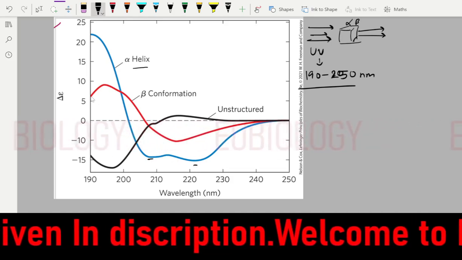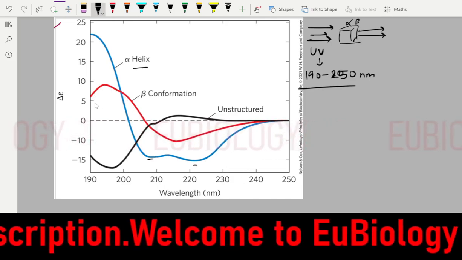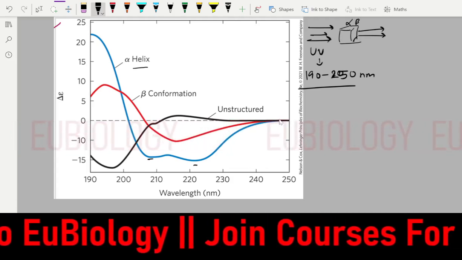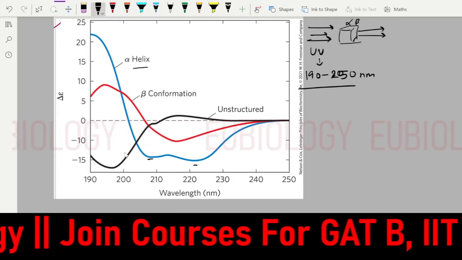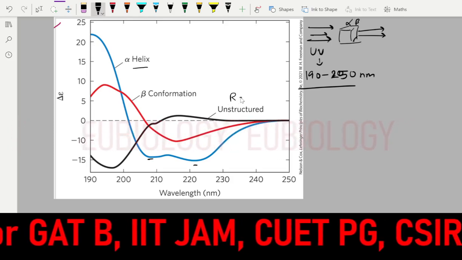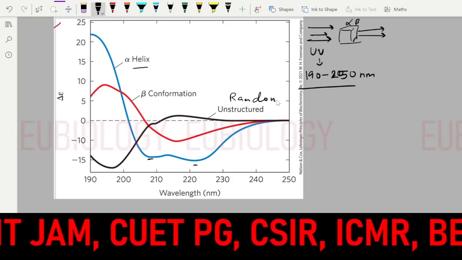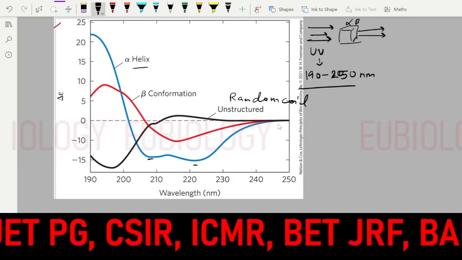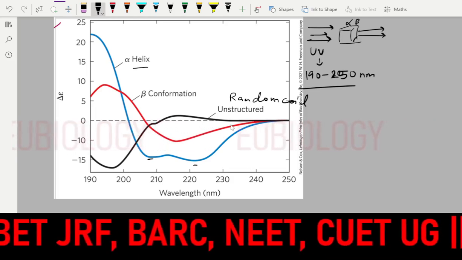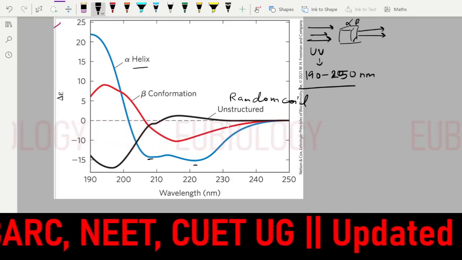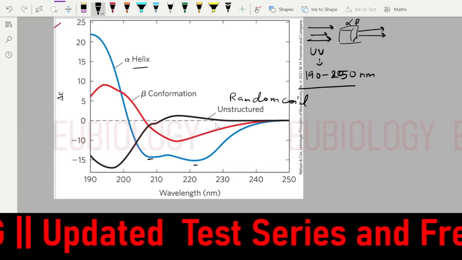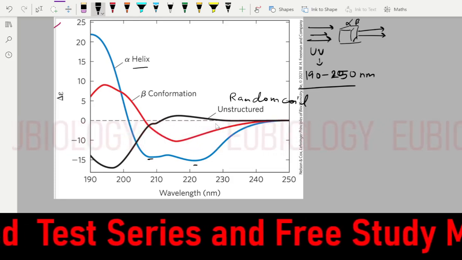The beta conformation looks like the red line: it goes above, then shows negative, and then comes again to zero. For the random coil, you will see the absorbance is negative from the beginning, and it will be almost zero. So this is all about the CD spectroscopy result for the alpha and beta conformation.